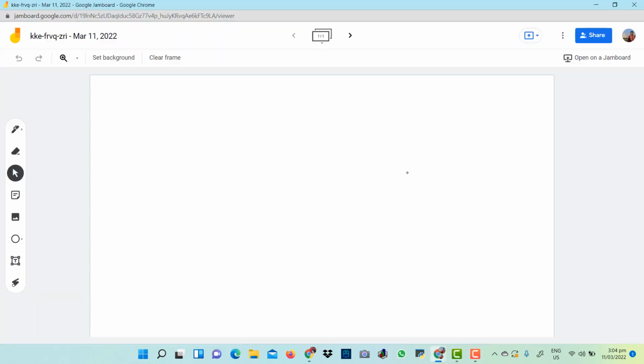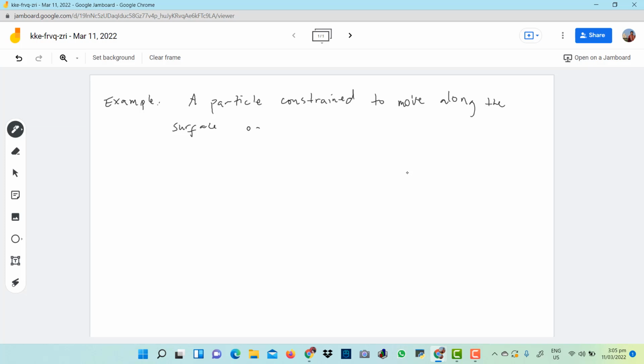So, for example, I have a particle, just one, a particle constrained to move along the surface of the sphere. Question: what is the number of degrees of freedom?